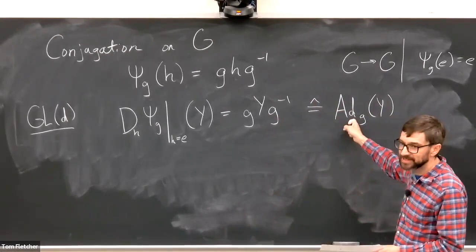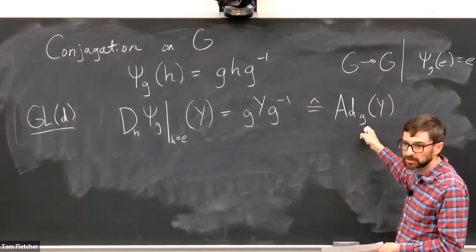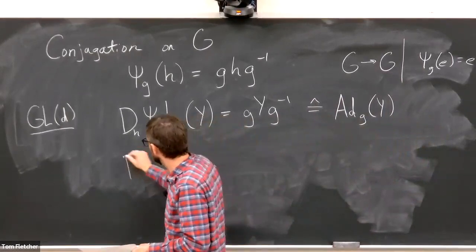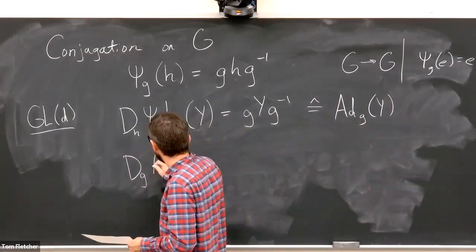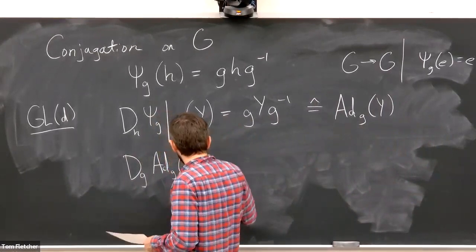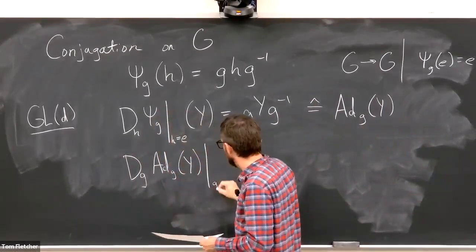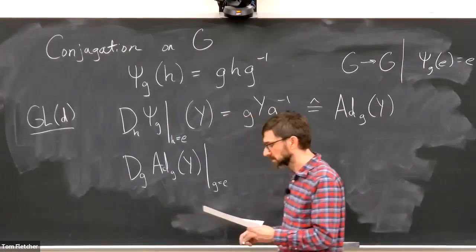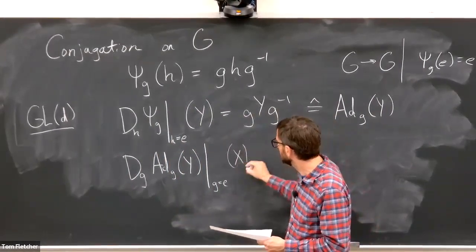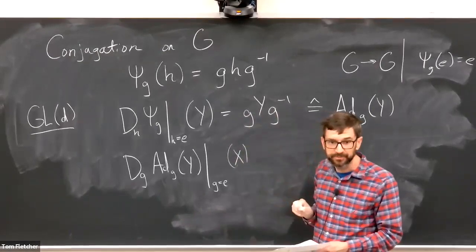And now I'm going to take the derivative of this mapping with respect to G, the other variable in this little picture. Now do another derivative of this big Ad business. Again, I have to evaluate it at G equals the identity, and I have to apply it to some tangent vector perturbation of G.